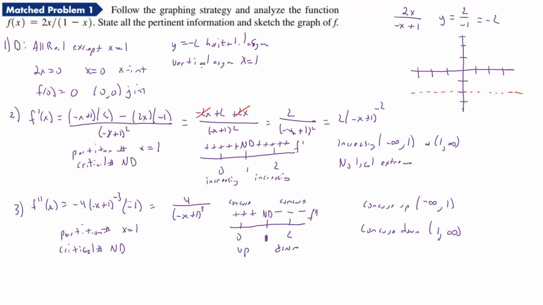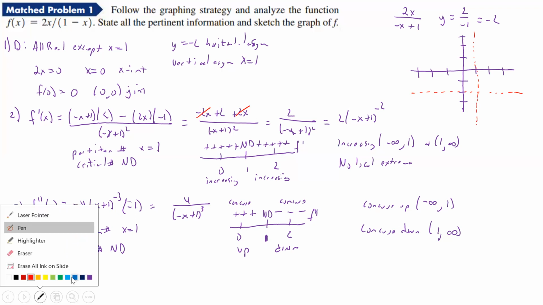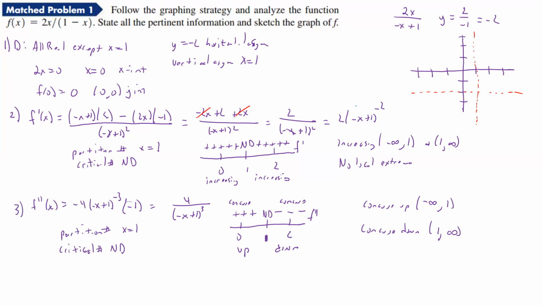And we also have a vertical asymptote at x equals positive 1. Now, what points do we know? Well, we know this one here because that's our 0, 0. Are there any other points we know for sure? Doesn't look like it.